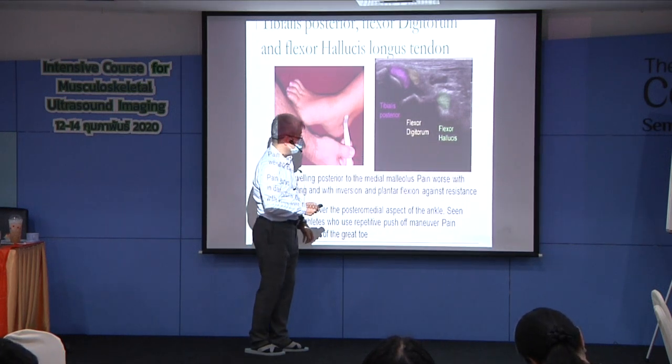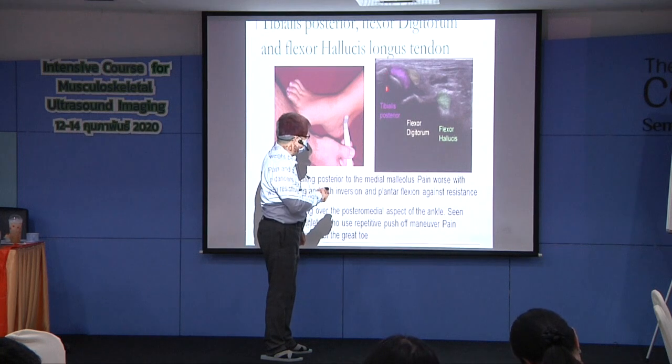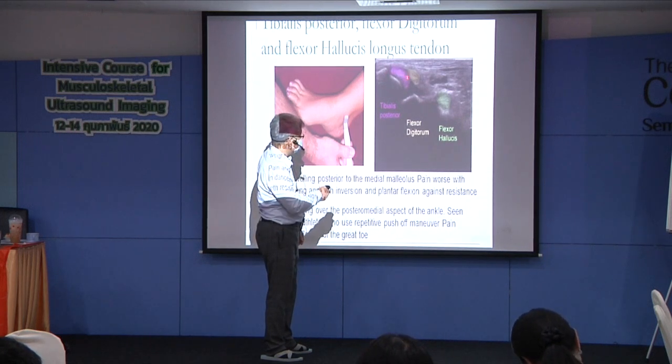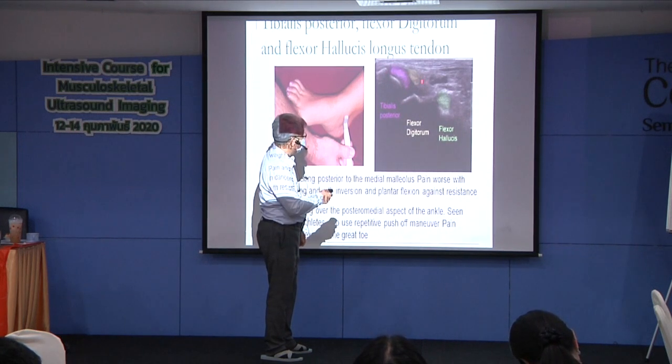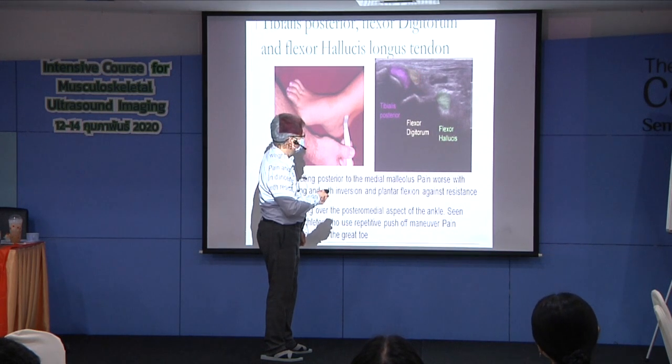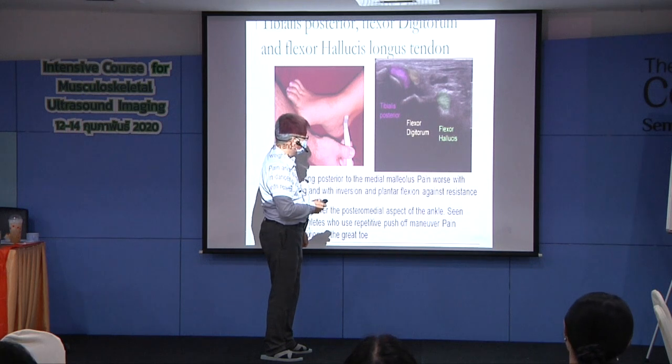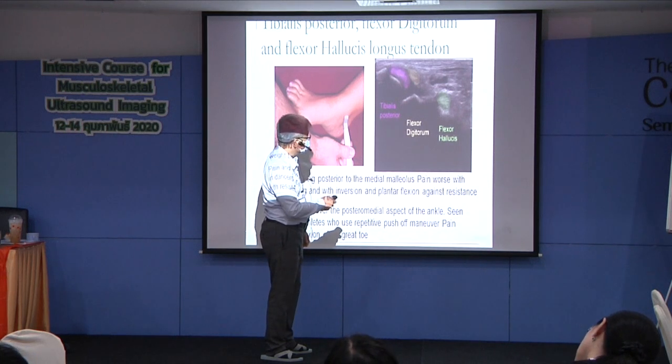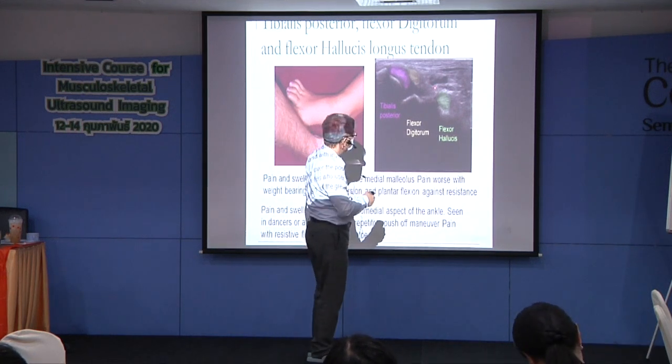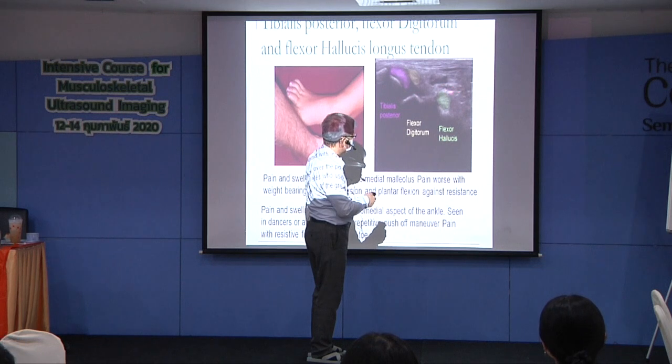So we will see the tibialis posterior, very bright. Another bright area close to tibialis posterior is the flexor digitorum tendon, and then the nerve, artery, vein, and a very bright nerve.